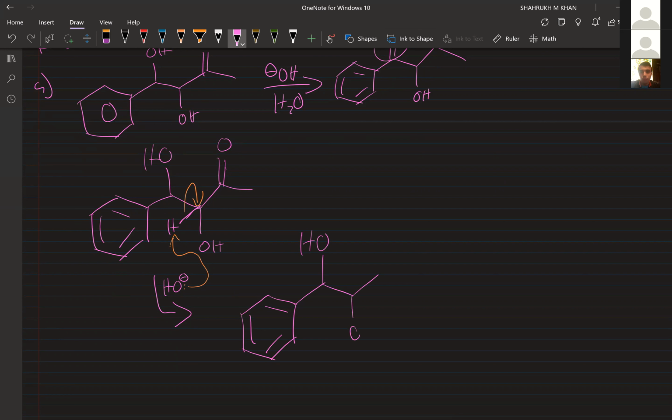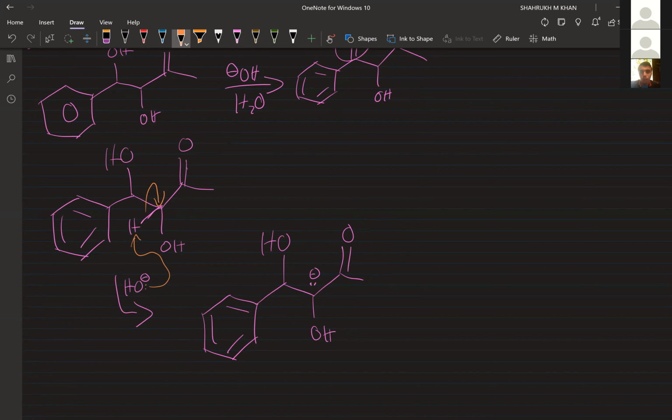Okay, we have OH here. Now we have this and this. Oh, that should still be a carbonyl. My bad. There we go. Now we could push it. Just to be clear why this is two distinct steps: technically it's the reverse of an E1CB.